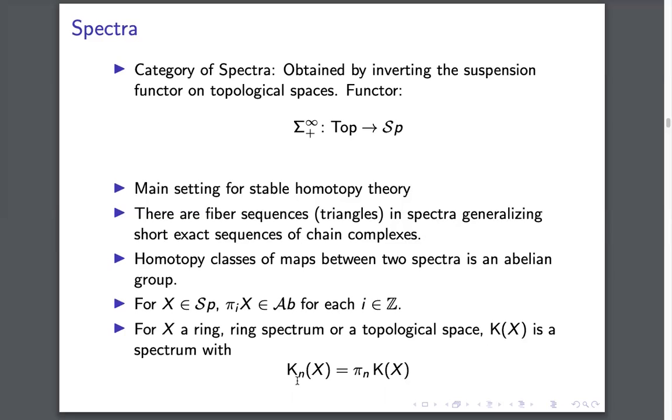So this allows you to think of algebraic K-theory as an object with topological structure rather than just these abelian groups, right? We think of algebraic K-theory as an object with more structure than just the abelian groups that we assign to X.